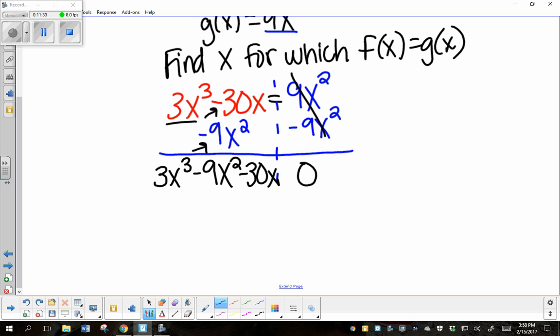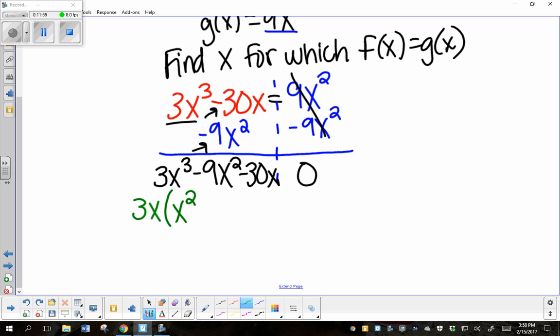We're going to factor the left side here. First, we want to ask ourselves, is there anything I can take out of all three of those terms? Well, all those numbers are divisible by 3, and they all have at least one x, so we can factor 3x out of all three of them. On our first one, 3 divided by 3 is 1, I've got x to the 3, I took an x, so I'm left with x squared.